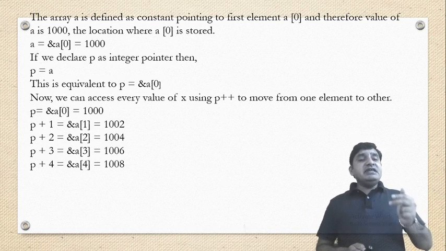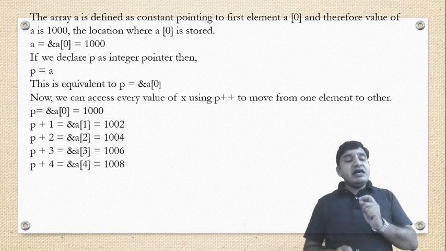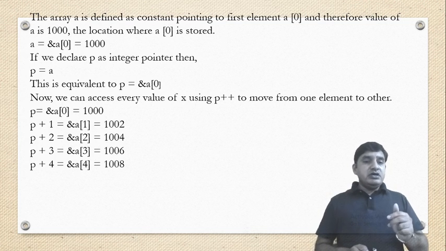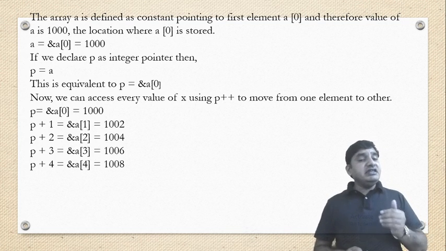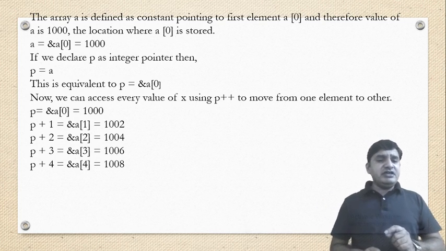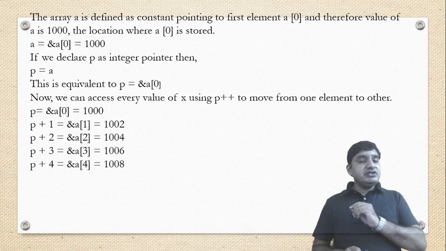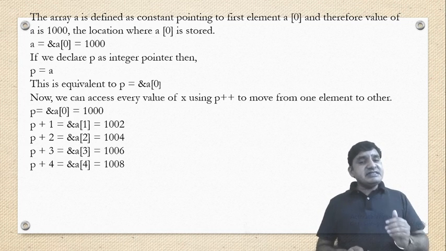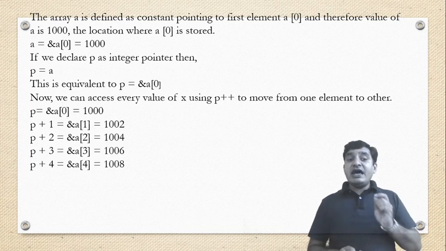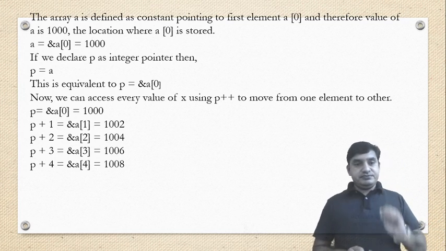When p plus 2, it is 1004. p plus 3 gives the address of the fourth element, 1006. p plus 4 gives the address of the fifth element, 1008.